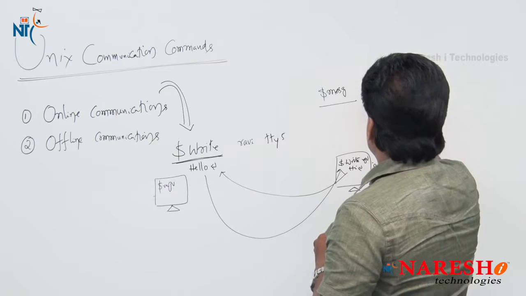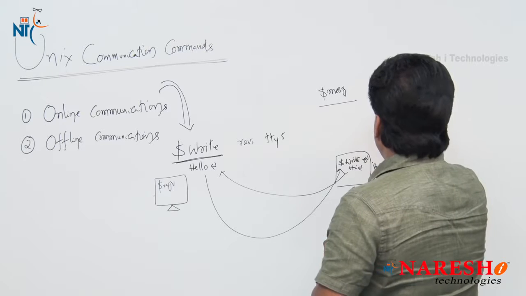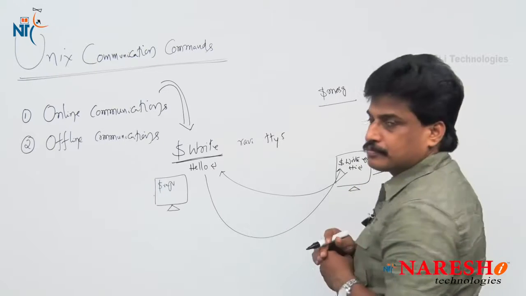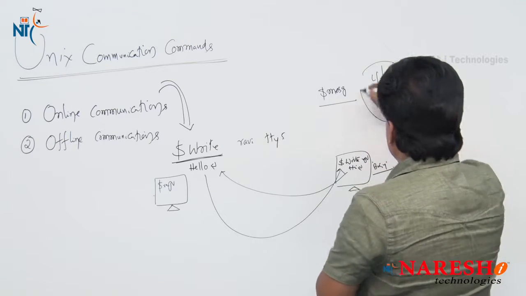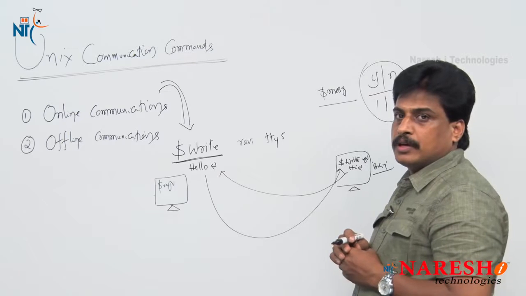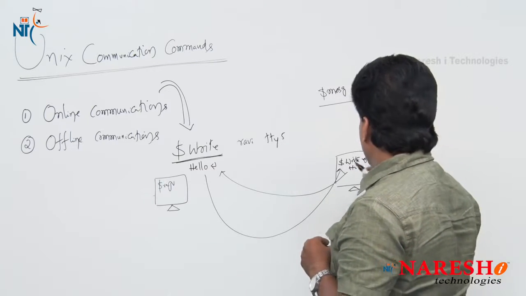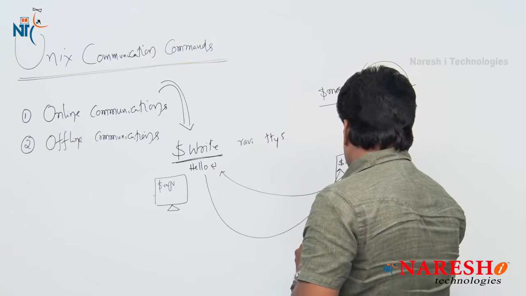Here Y is allowing, N is not allowing. Y represents 1, N represents 0. So these binary values represent these alphabets.